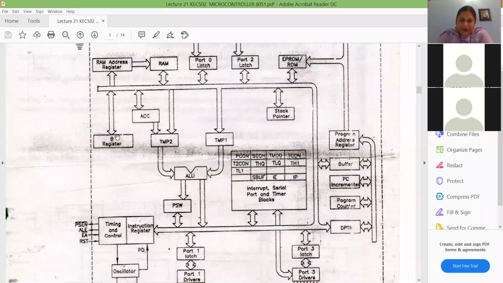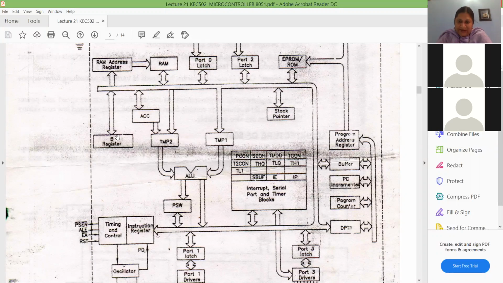Then what you have? You have registers labeled as R0 to R7, like R0, R1, R2, R3, R4, R5, R6, and R7. And these registers are available in 4 banks. 4 banks means each bank is of R0 to R7, and each register is an 8-bit register. So all the banks have the same register names, R0 to R7, but these are differentiated with the banks.